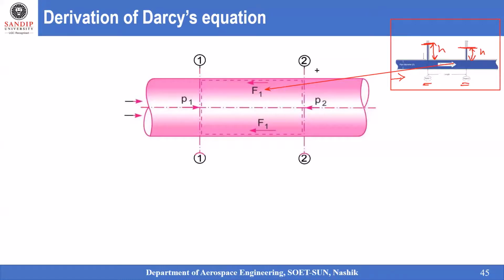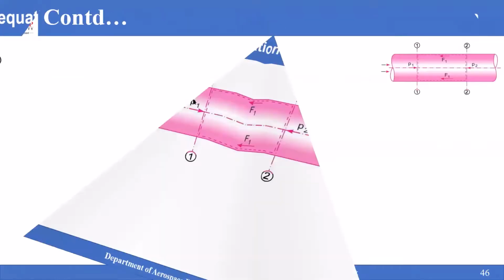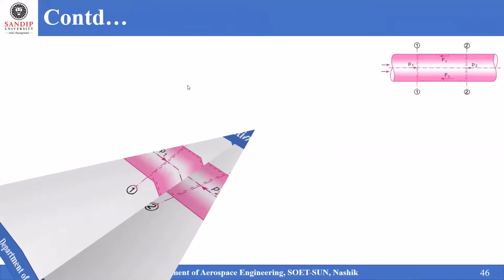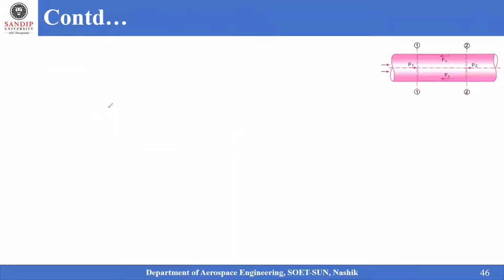So in order to obtain the expression for the frictional force, we have just introduced the head loss due to friction. Now let us obtain what exactly this equation is going to result in, in terms of the forces. So let us talk about this F1 now. Here F1 is the frictional resistance force.